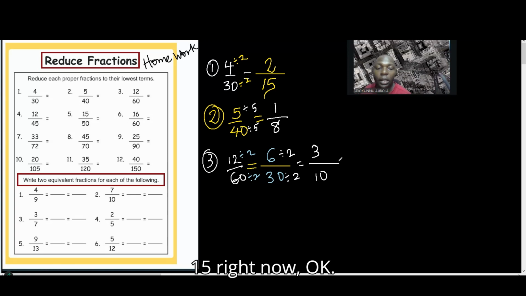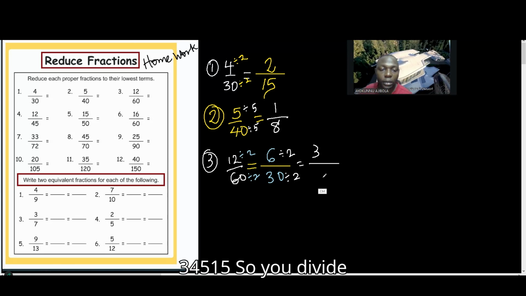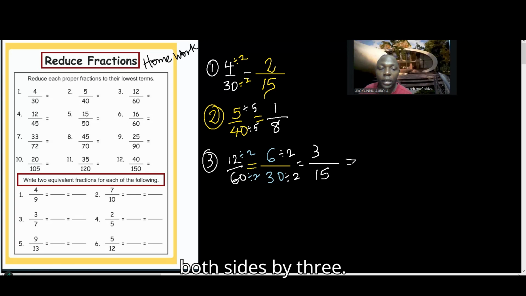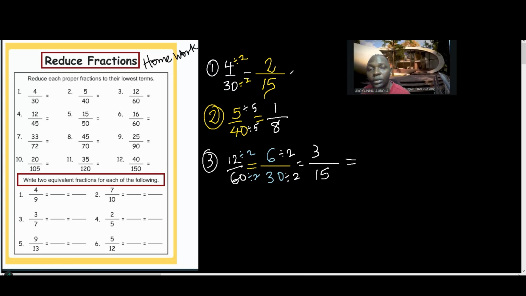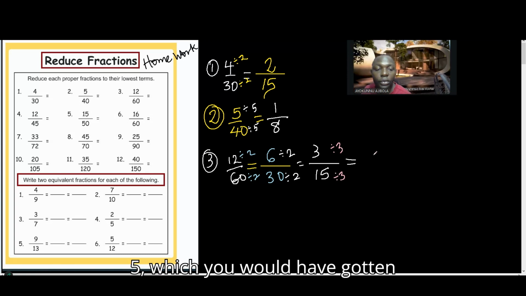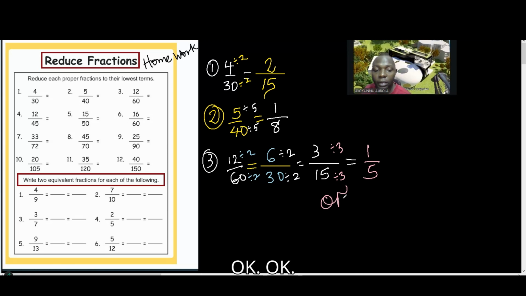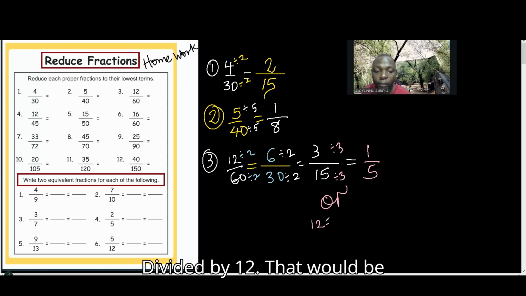Then 3 over what? 15 rather, okay? Then 3 can divide 15. So you divide both sides by 3. That's going to be 1 over 5, which you would have gotten if you had divided by 12, okay?